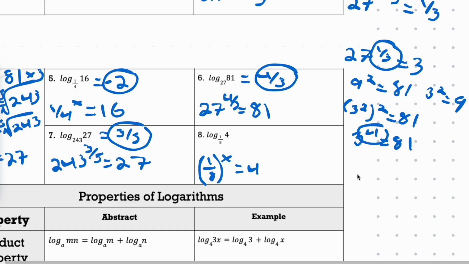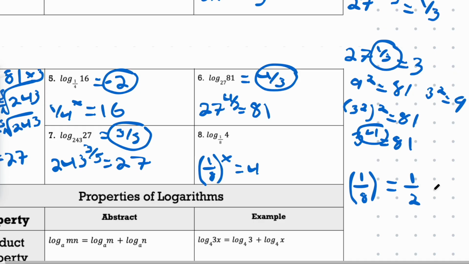Let's start at 1/8 and try to go to 1/2 actually. So 1/8 to what power? Well, we want to break this down into 2. And so the way we do that, we want this to eventually equal 1/2.